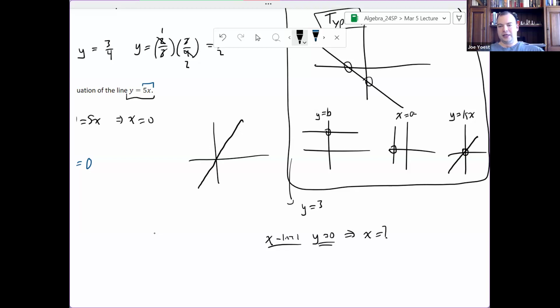But y can never be 0 because it's always 3. So I might get a little confused, but then maybe I remember, okay, this is probably just one of those special cases. There's no solution over here because I can never make y 0, because y is always just 3.